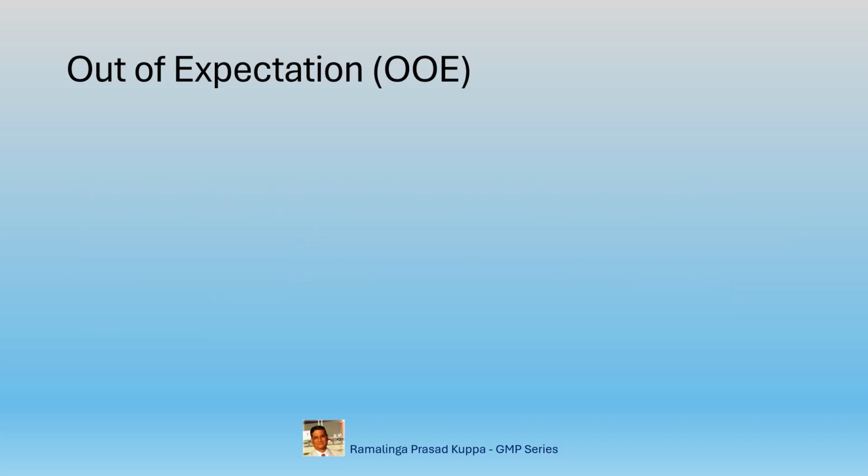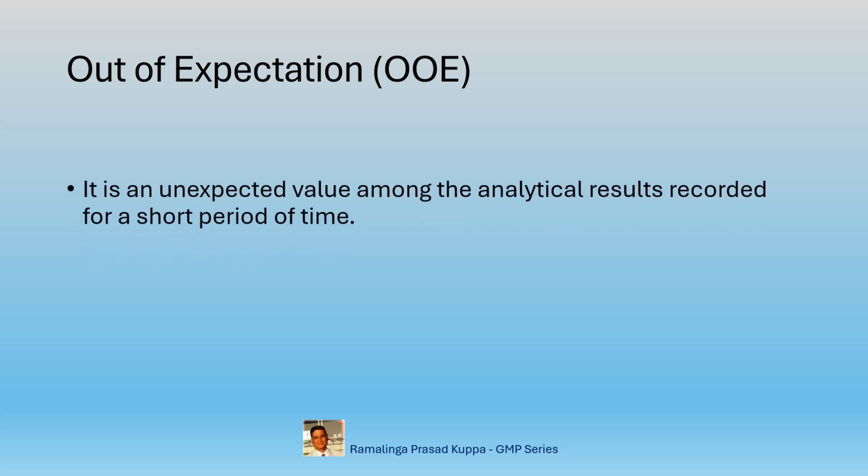Out of expectation, OOE. It is an unexpected value among the analytical results recorded for a short period of time. OOE is defined as a parameter value which lies outside the expected variation of the analytical procedure with respect to either location or dispersion.